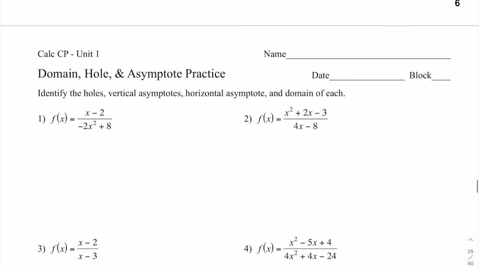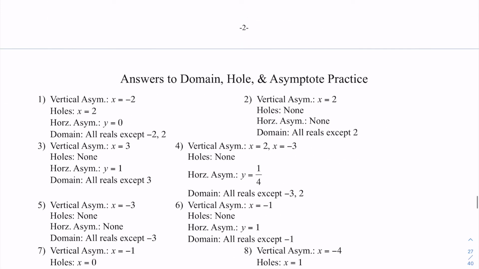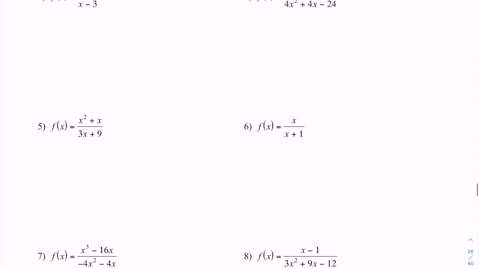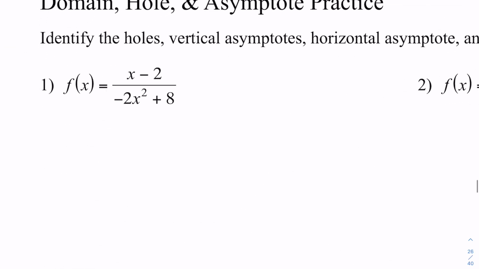So for these, again, you're just going to go through and find the vertical asymptotes. The answer key has all of them. So you're just going to go through and solve these. The first thing you'll do, I think I'm going to factor out an x minus 2 and a negative 2, and I'll get x squared minus 4.